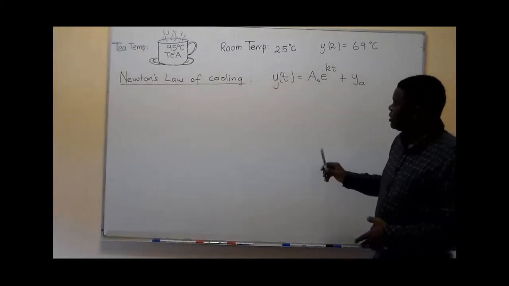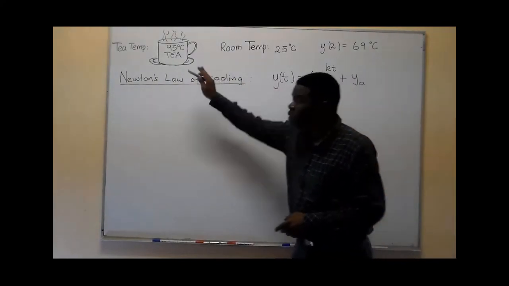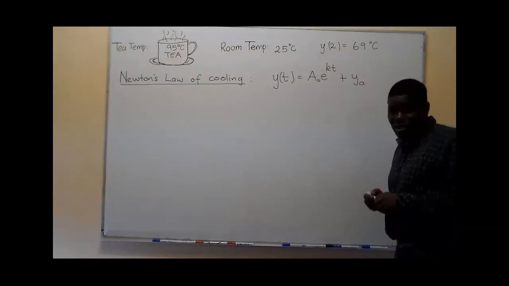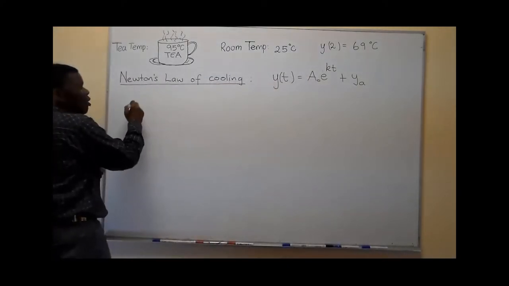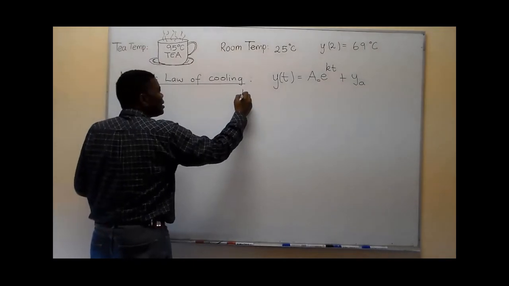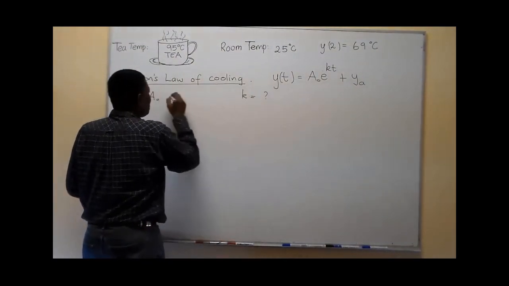So now, if we were to find this function which describes this particular situation, given these initial conditions, the task consists in determining the value of a0 and also determining the value of k.